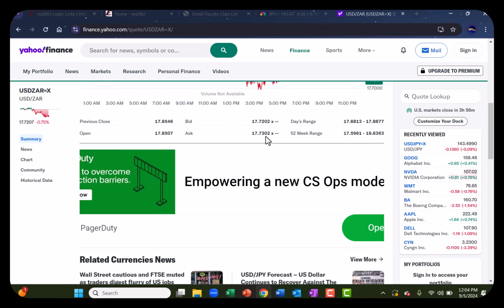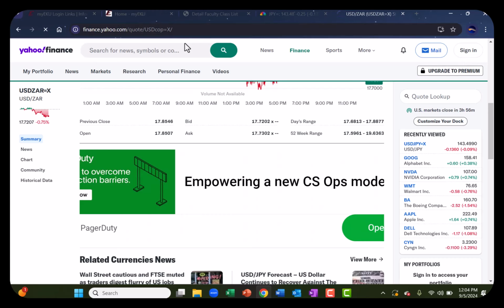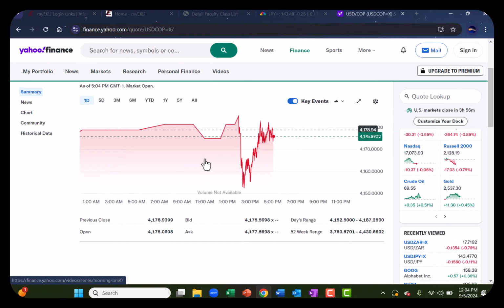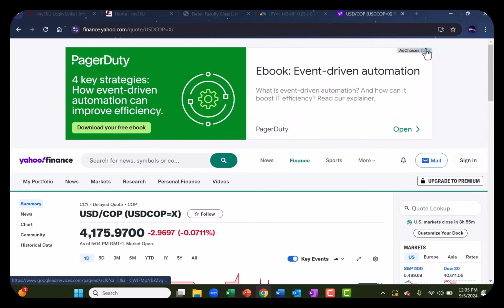If you actually worked it out, it's probably a bigger spread, because transactions in South African rand are not as much. Or let's find Colombian peso. It's a much bigger percentage. You can calculate it, but it's always much higher.